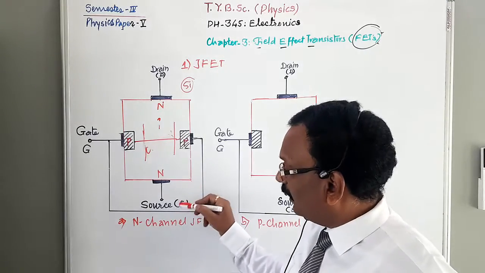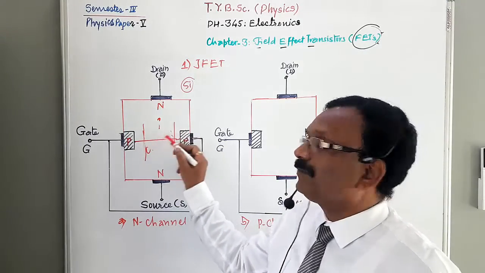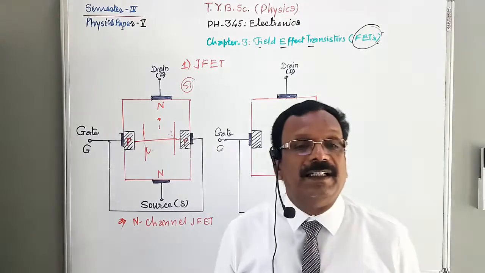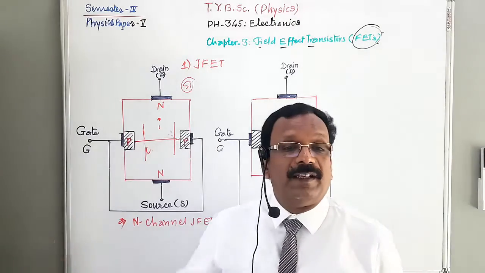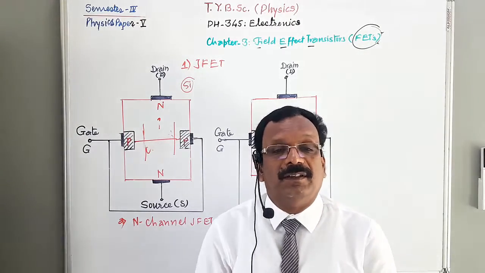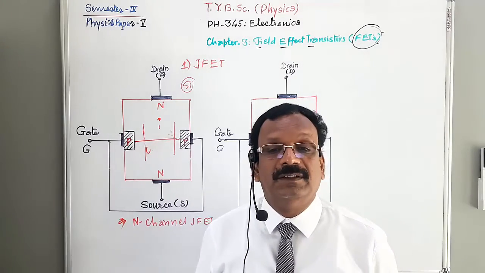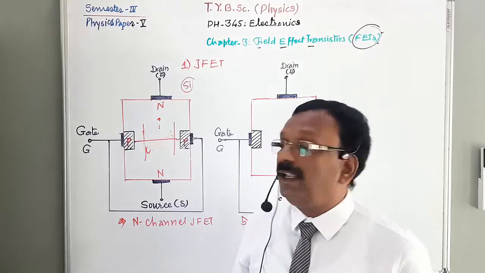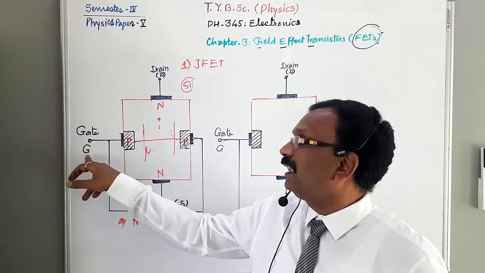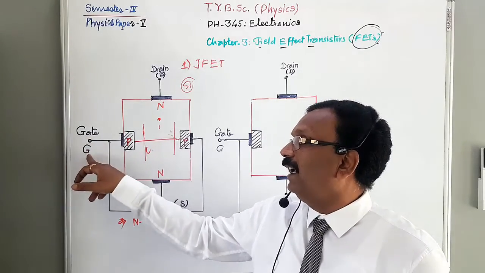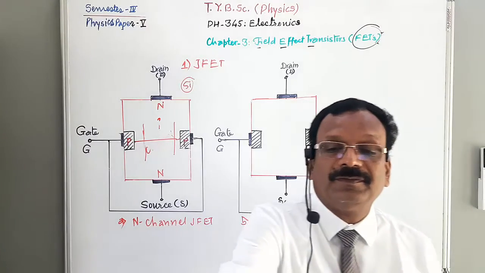Though it looks external, in structure these two P regions are connected internally, and a single wire is taken out in the form of a terminal, and this terminal is called gate and denoted by G.